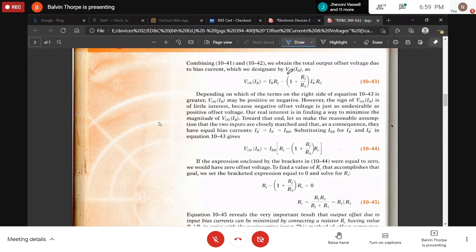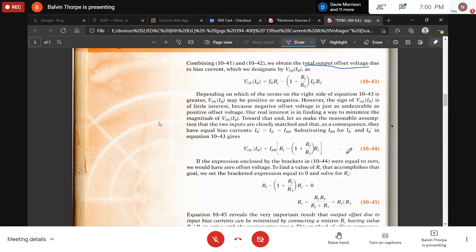Notice the designation: this is the output offset voltage, VOS. We put IB in brackets, because we're not talking about the bias current. This is the total output offset voltage, the voltage of the output, due to the bias current, and it is going to be this expression.